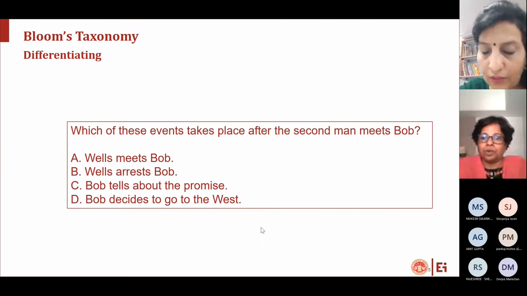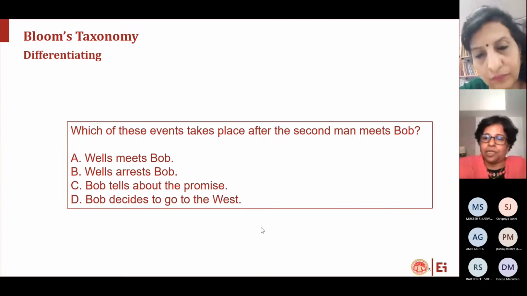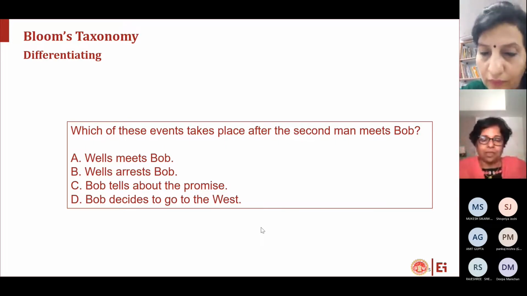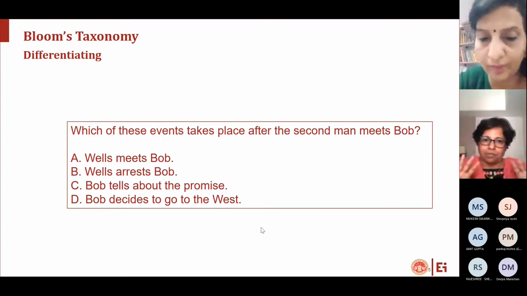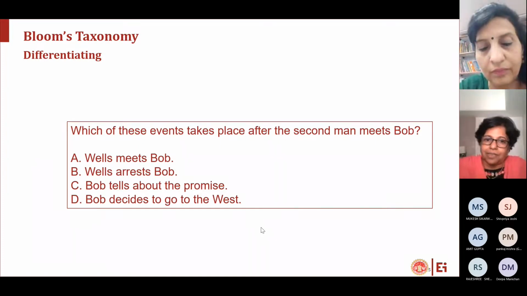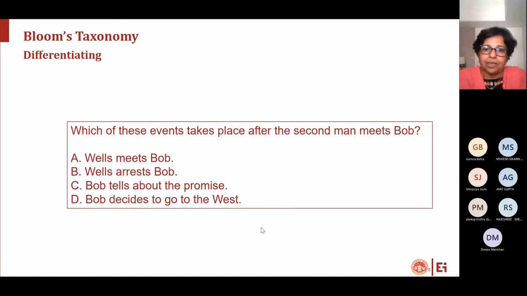So in that case, you know that it is asking about a particular event in the plot, right? The plot itself is the concept, and inside the plot, it is asking for a particular event. That will be our first step. So it's granular level, yes ma'am. All of you are in consensus that it is at granular level, which is great.